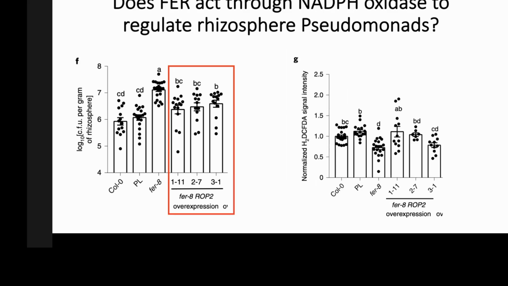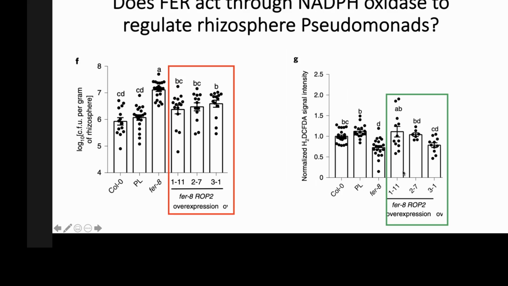But then what's interesting is that when they look at ROS production in these mutants, and these are just 3 different lines, they saw that the ROS production was actually increased as compared to the FAIR8 mutant. And I guess that makes sense, right? Because if you're decreasing your CFUs, that's because you have more ROS.